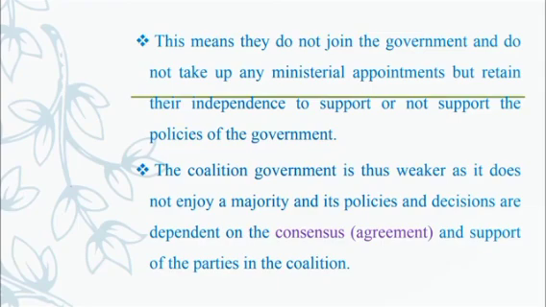The coalition government is thus weaker as it does not enjoy a majority and its policies and decisions are dependent on the consensus, which means agreement and support, of the parties in the coalition.